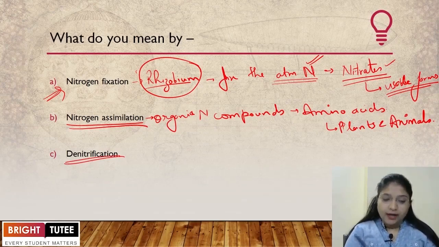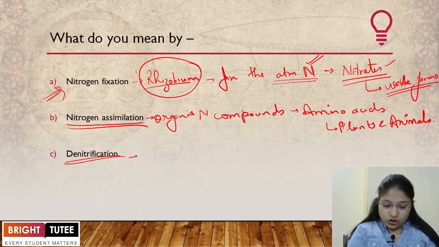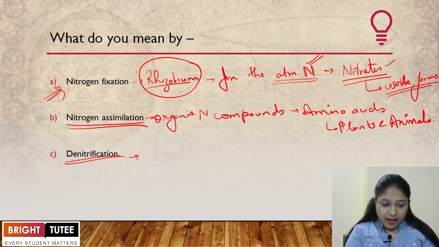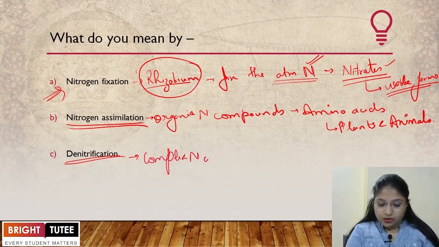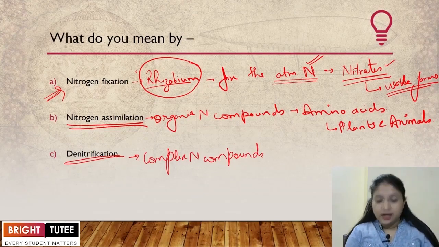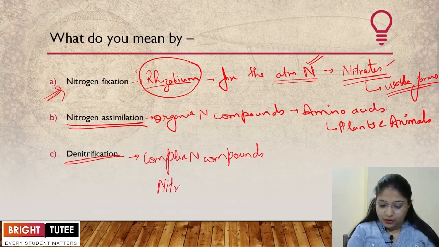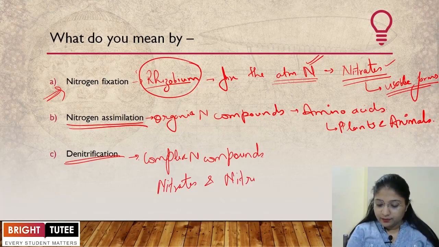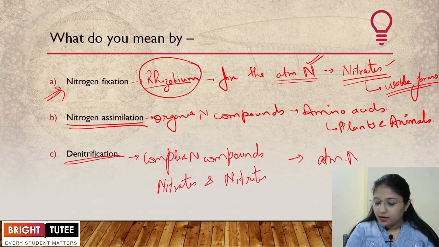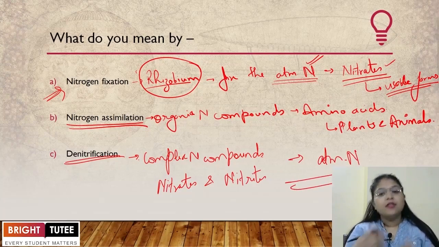So denitrifying bacteria are the ones which convert the complex nitrogen compounds like your nitrates and nitrites into atmospheric nitrogen. And this process is what we call denitrification.